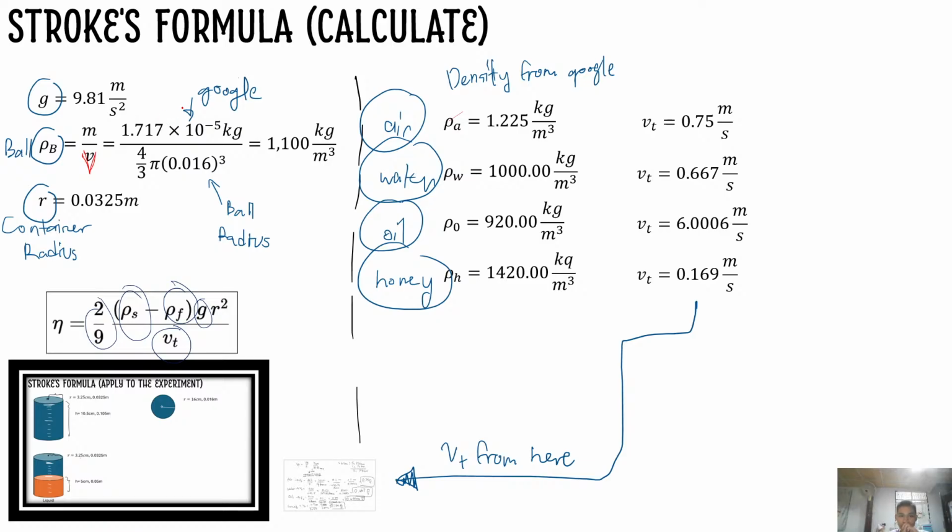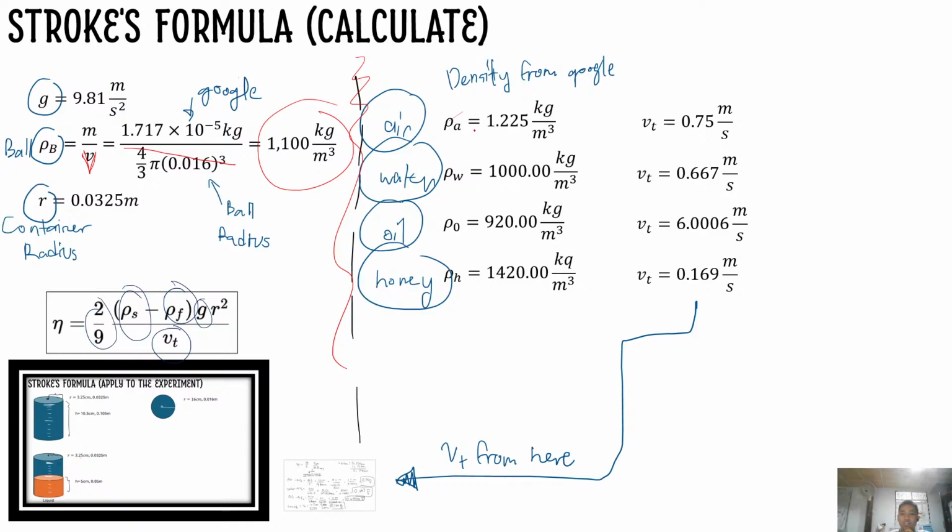So I searched online for the specific solid rubber bouncy ball, and it gave me around 1.717 times 10 to the power of negative 5 kilograms, over the volume, which is 4/3 pi times radius cubed, and we get this density for the balls.